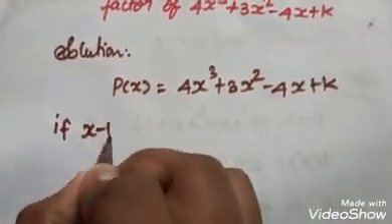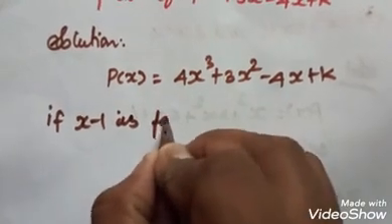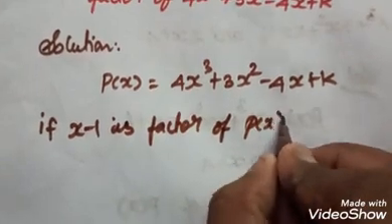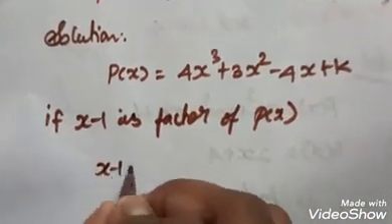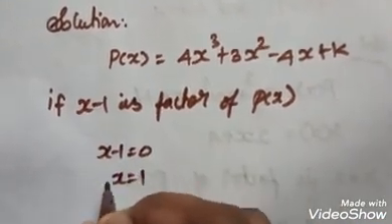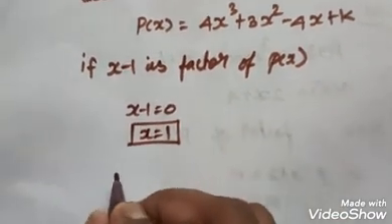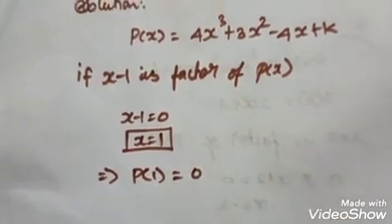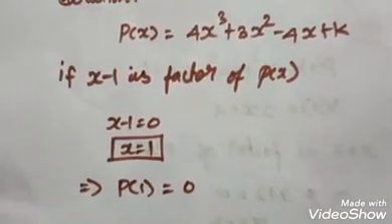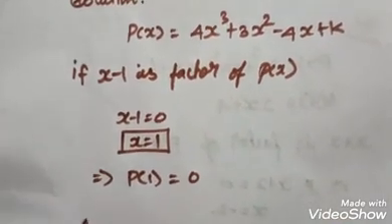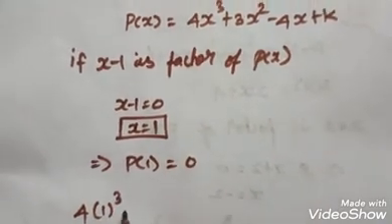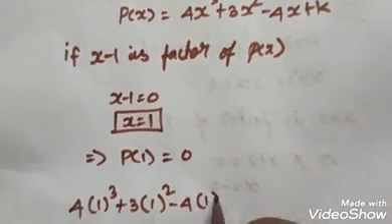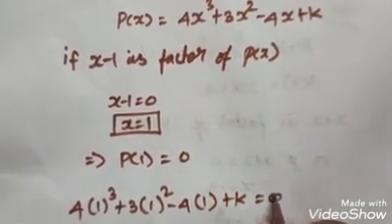If x minus 1 is a factor of p of x, x minus 1 equal to 0, x equal to 1, which implies p of 1 equal to 0. Here we substitute 1 instead of x. So 4 into 1 power 3 plus 3 into 1 power 2 minus 4 into 1 plus k is equal to 0.